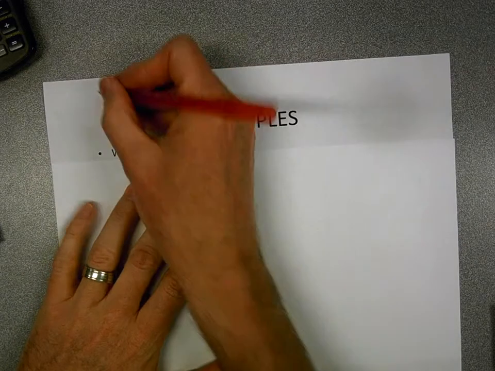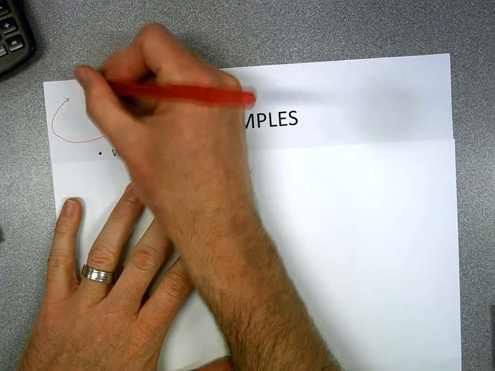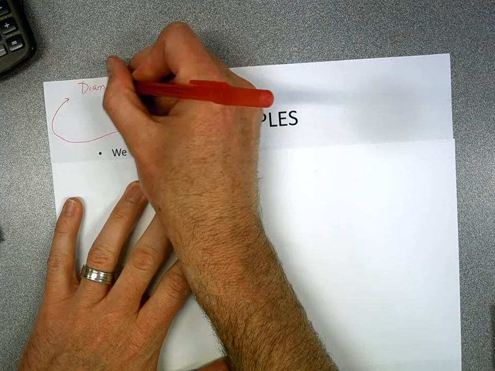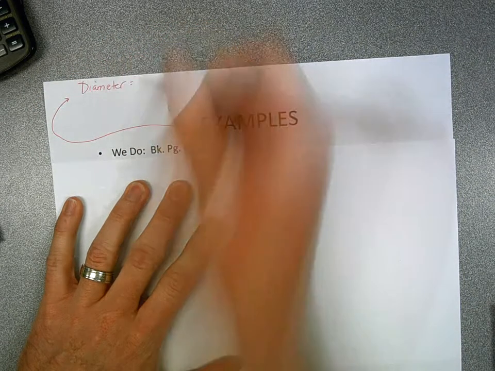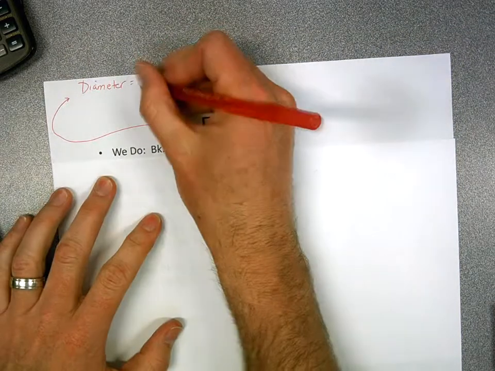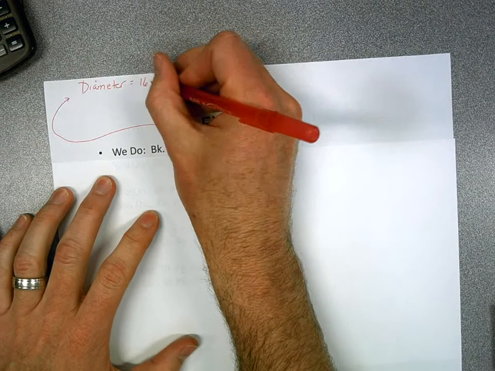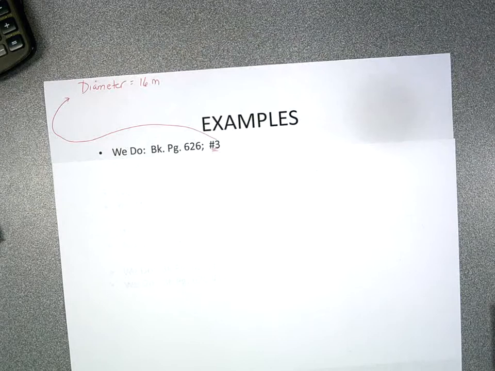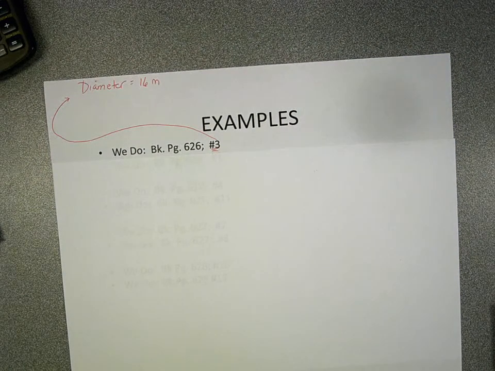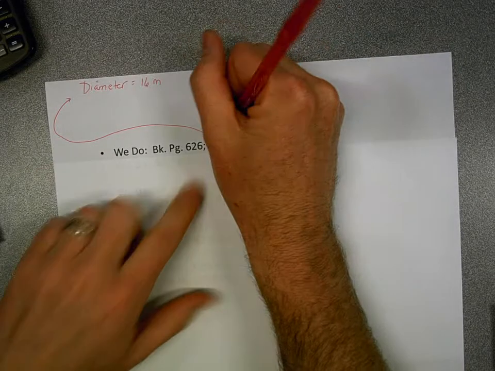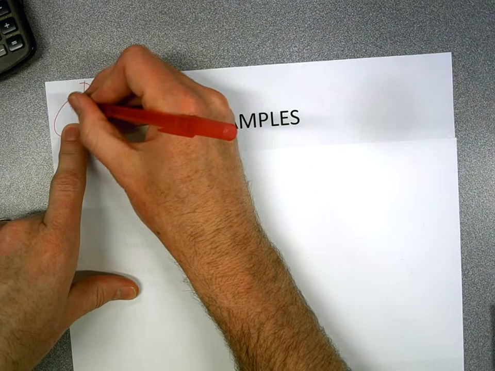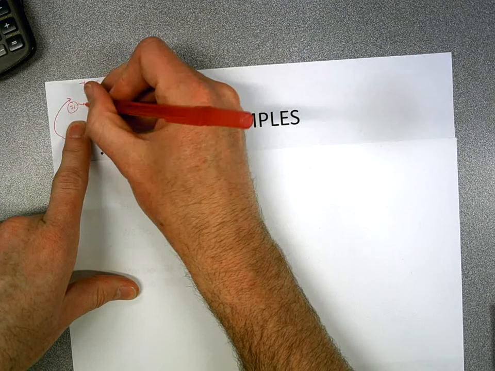In problem number 3, they say the diameter of a circle is 16 m, which is 16 meters. It's asking us to find the area. Step 1 is to write down the formula.